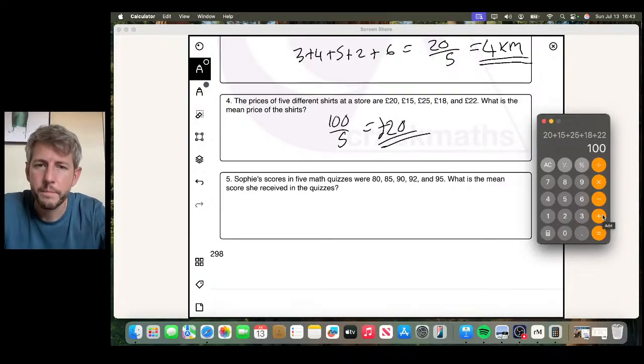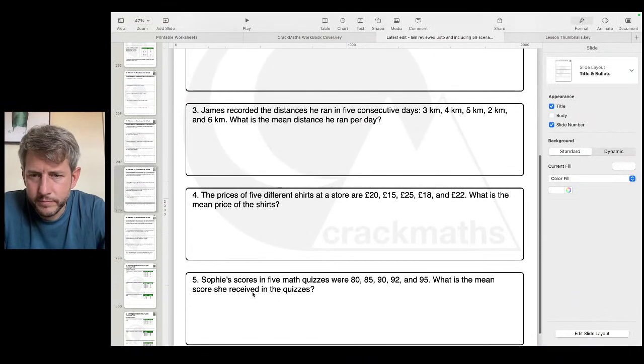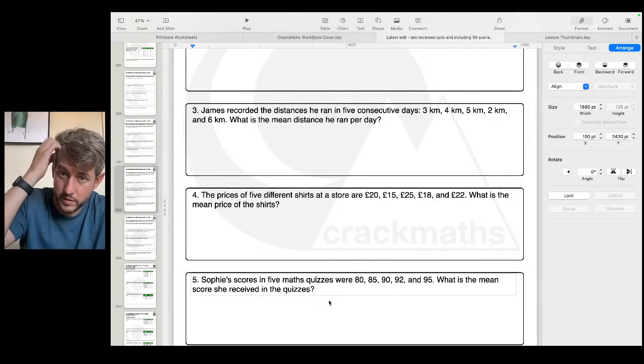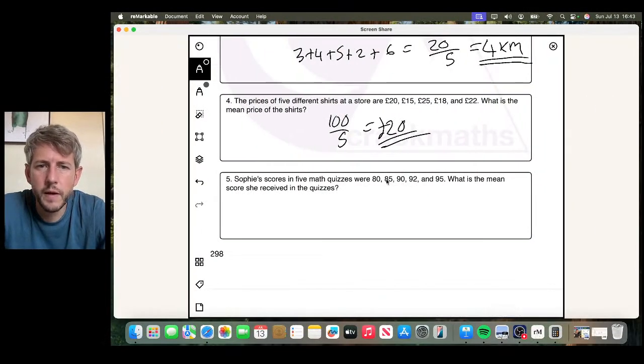And then lastly we've got question 5, and it says Sophie's scores in 5 maths quizzes were 80, 85, 90, 92 and 95.